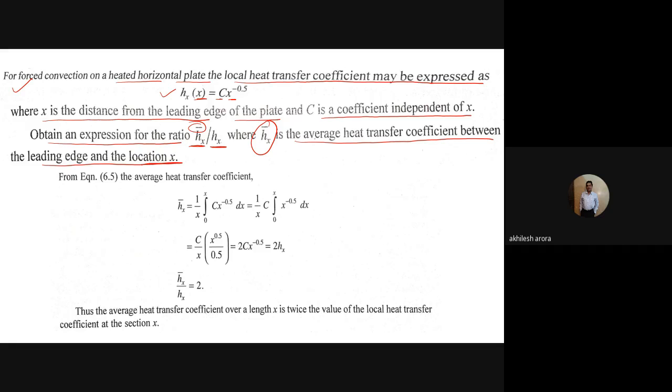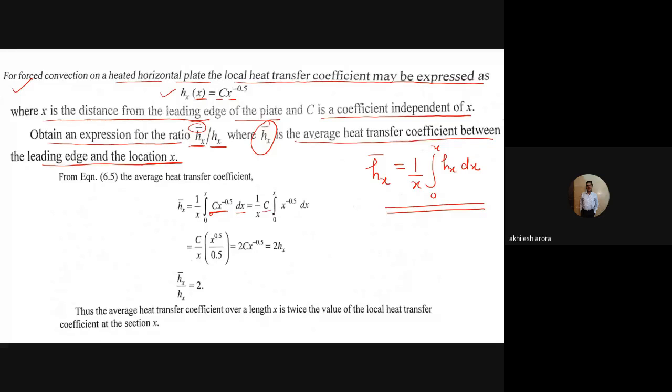We can always calculate the average heat transfer coefficient as 1 by x integral 0 to x of h x into dx. This is the relationship I have explained earlier. You just have to put in the value of h x, which is given by c x raised to power minus 0.5 dx.